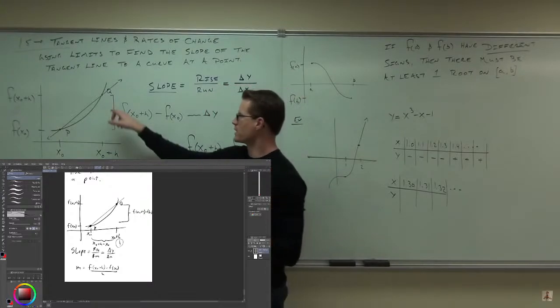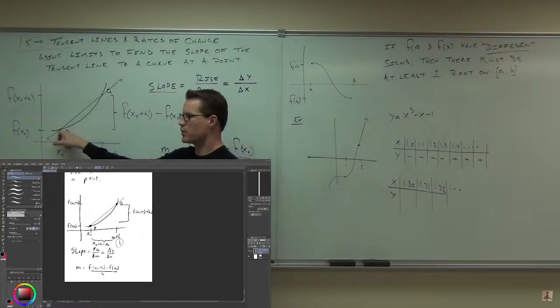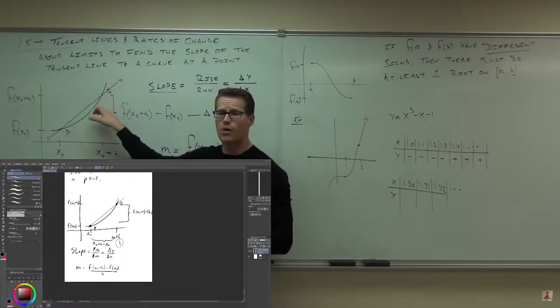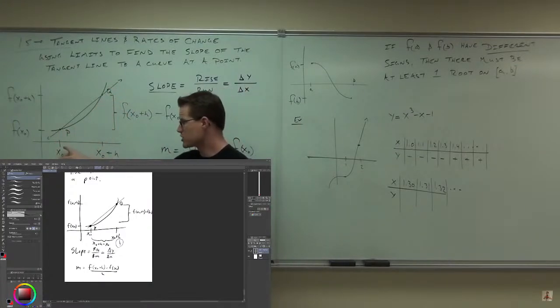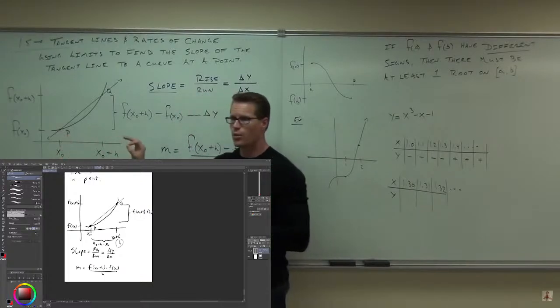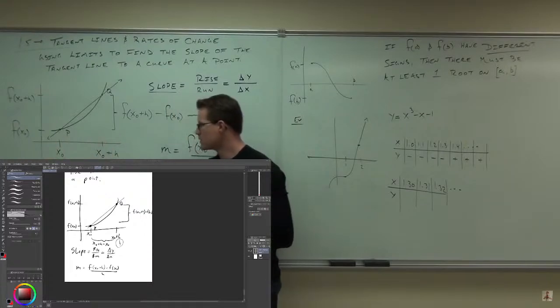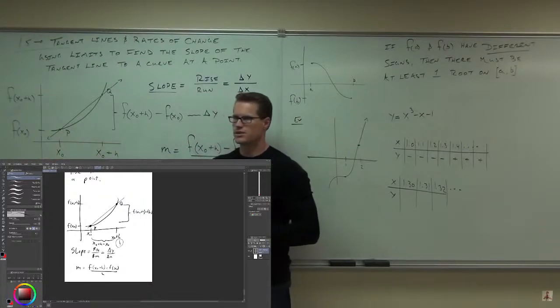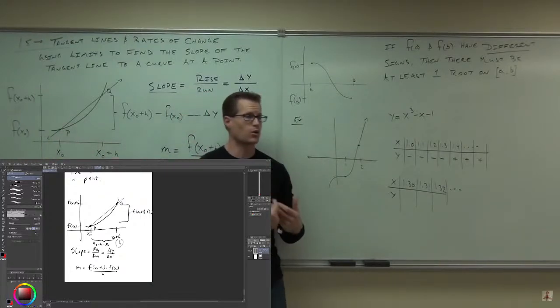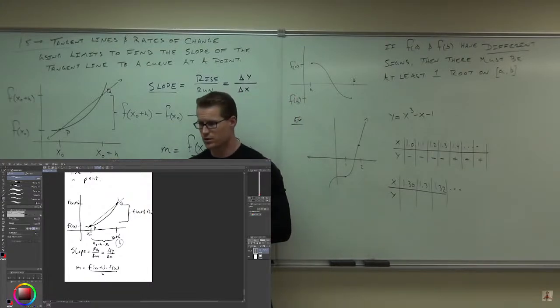We want to let point Q get really close to point P, and I've said it before in here, but how are we going to do that? We can't change x sub 0, that's fixed, okay? What are we going to do to let this get close to that? Move it really close. Does h get bigger? Does h get smaller? How much smaller? Infinitely smaller.